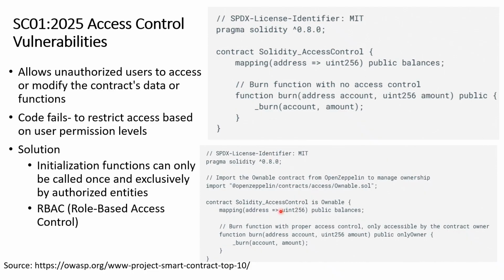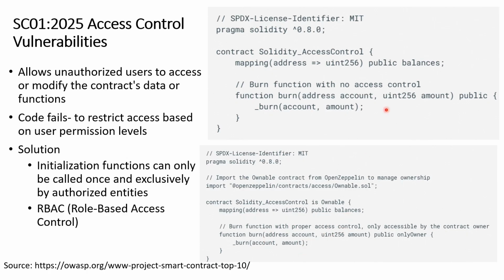Third, in the smart contract, you can mention ownable, or you can make it public only owner. So only the owner of that particular wallet will be allowed to burn the amount. So this is the solution.